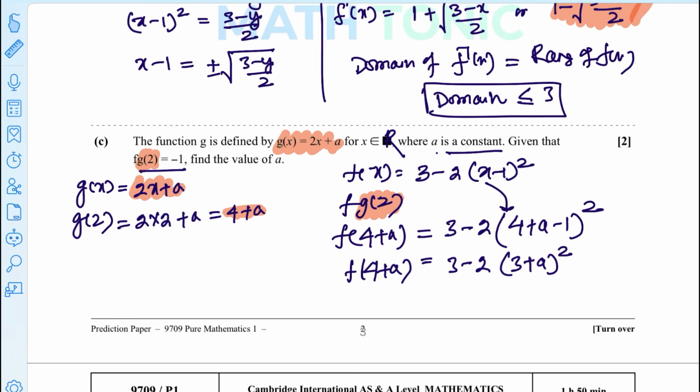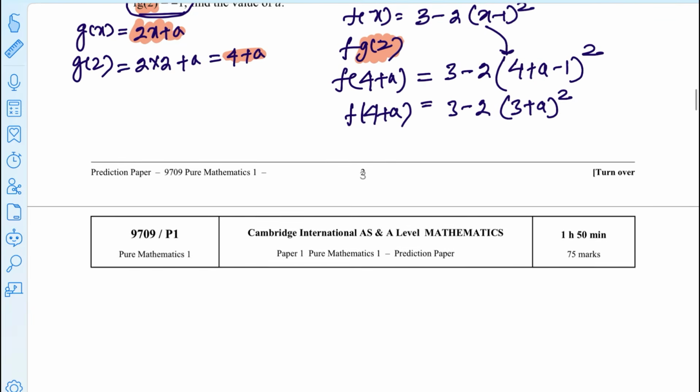Understand this, right? Now the question is given: find the value of a when fg of 2 equals minus 1. So I'm writing here, fg of 2 equals minus 1. fg of 2 means which one? This one I have, right?